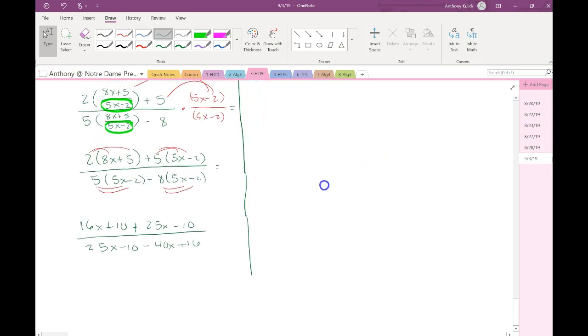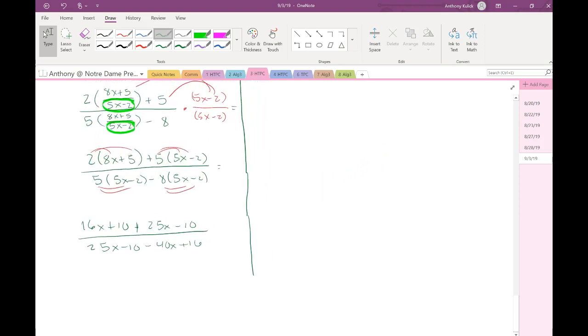Did I make a mistake here? Right, this is supposed to be 8x plus 5 there also.